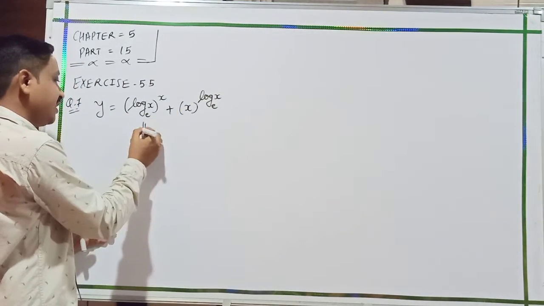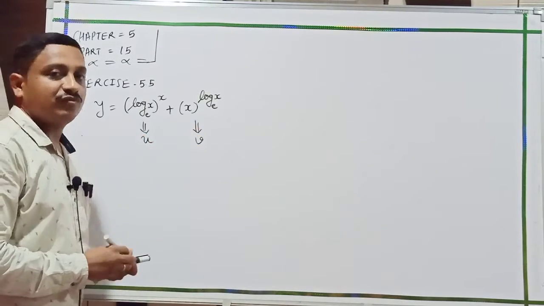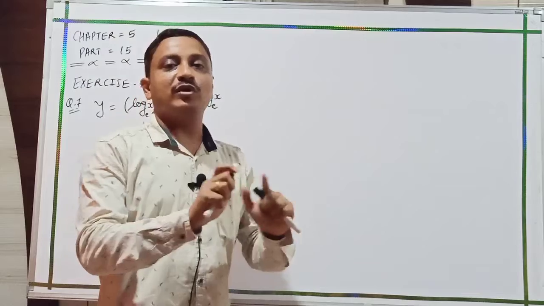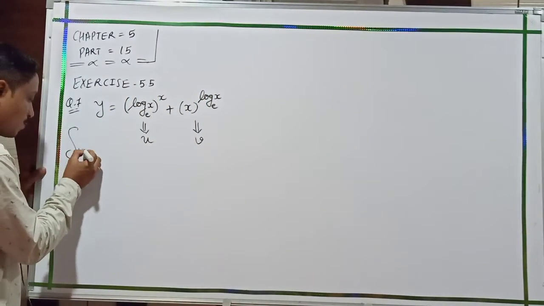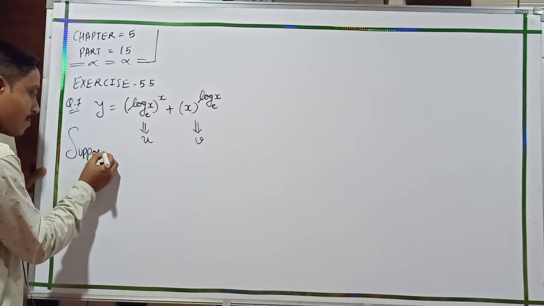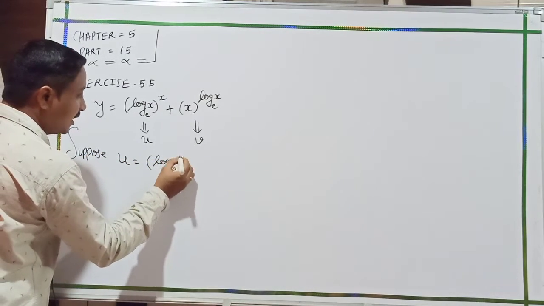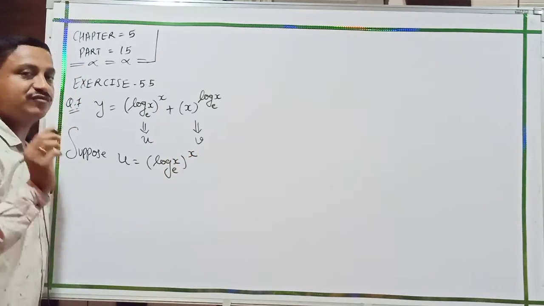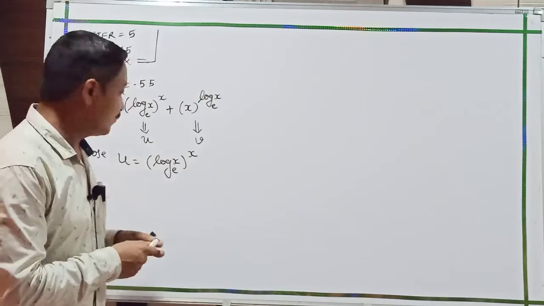So students, we take one u function and one v function, and calculate both individually. Suppose u = (log x)^x, and I first start the explanation for only the first function.